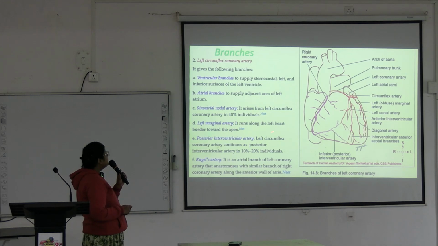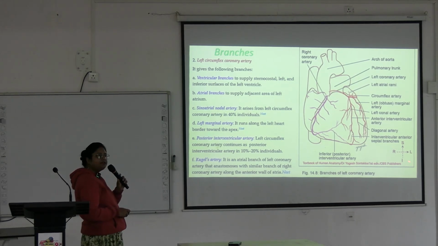The left marginal artery runs along the left heart border towards the apex. Here is the left marginal artery going towards the apex of the heart. This part is the apex, and the base is lying posteriorly.